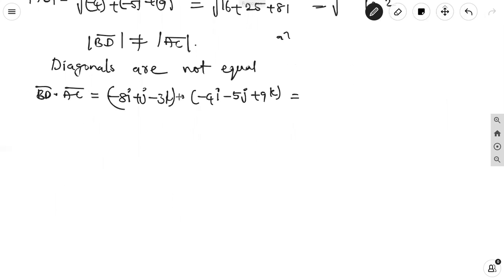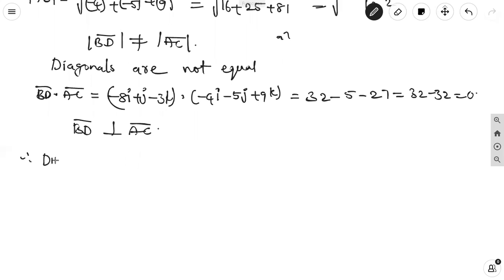It is equal to minus times minus, plus 8 fours are 32, plus 1 times minus 5, minus 5, minus 3 times 9, minus 27. So 32 minus 5 minus 27, that is 32 minus 32, equal to 0. So here the BD line is perpendicular to the AC line. Therefore the diagonals are perpendicular.